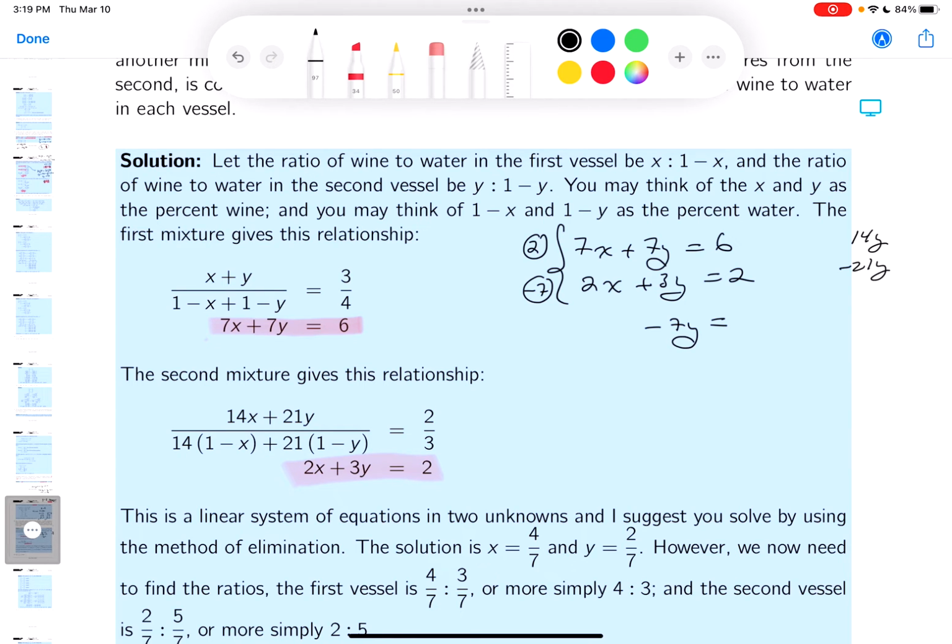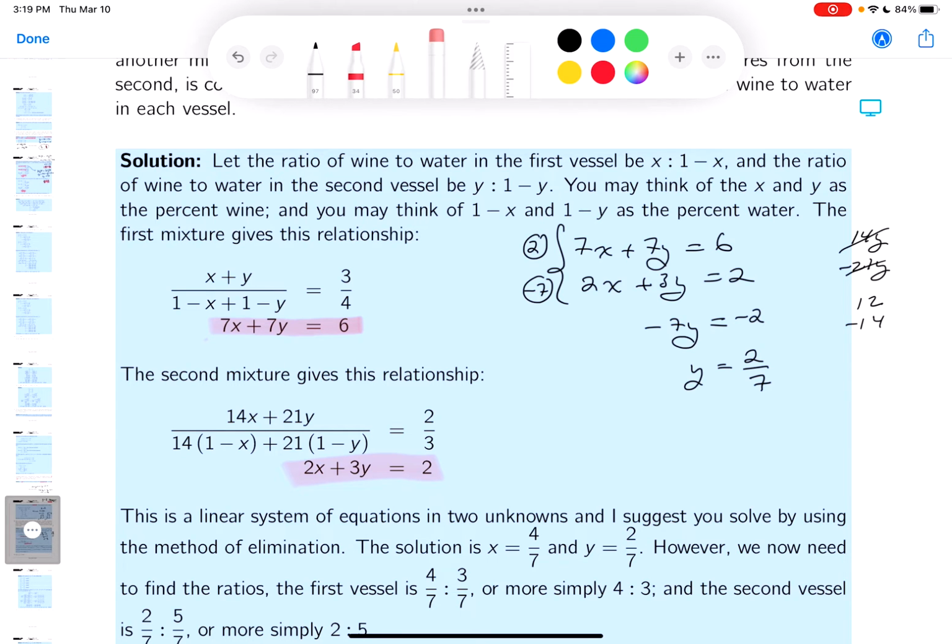Let's see, 2 times 6 is 12, and minus 7 times 2 is minus 14. So you're going to get minus 2, right? So what's y equal? Y is going to be 2/7.